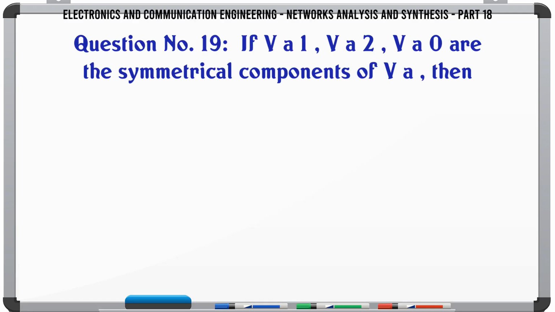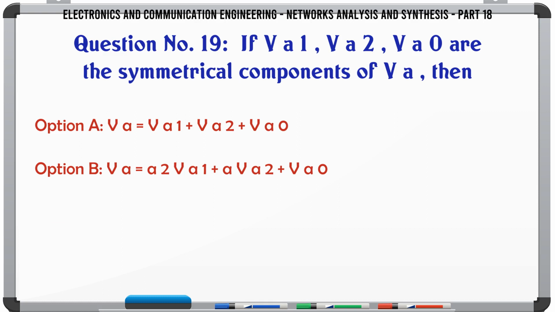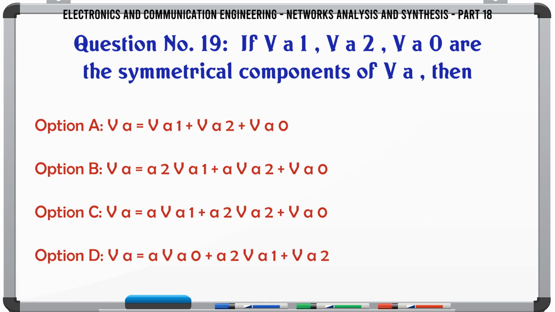If VA1, VA2, VA0 are the symmetrical components of VA, then A. VA = VA1 + VA2 + VA0, B. VA2 = VA1 + a VA2 + VA0, C. VA = VA1 + a²VA2 + VA0, D. VA = VA0 + a²VA1 + VA2.